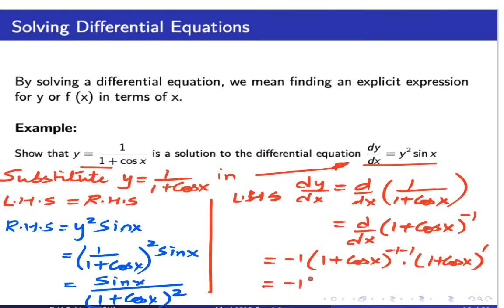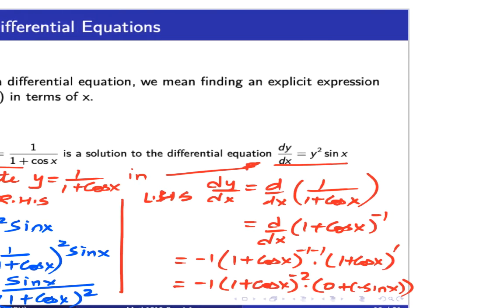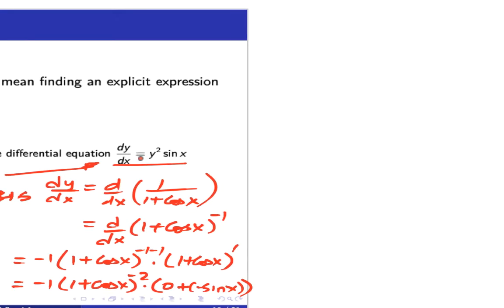What do we see? Minus 1 times (1 plus cosine x) to the power negative 2 times the differential of 1, which is 0, plus the differential of cosine x, which is minus sine x. Okay, what do we see?